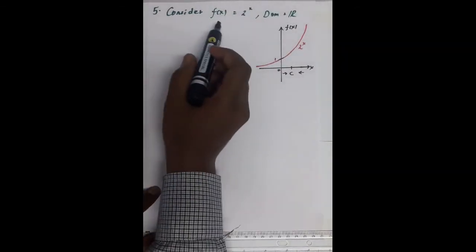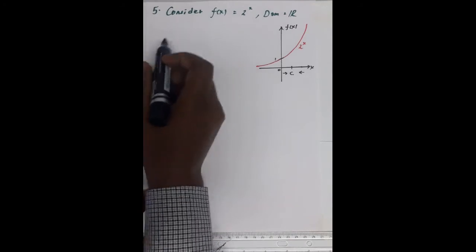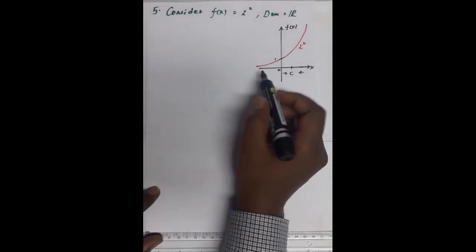Consider the function f of x, which is equal to 2 to the power of x here. Our domain is all real numbers.